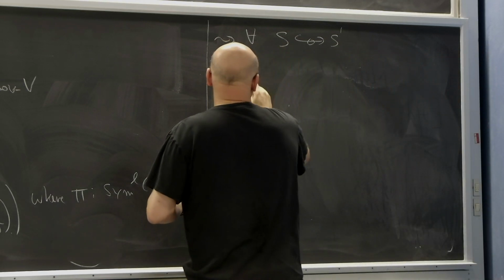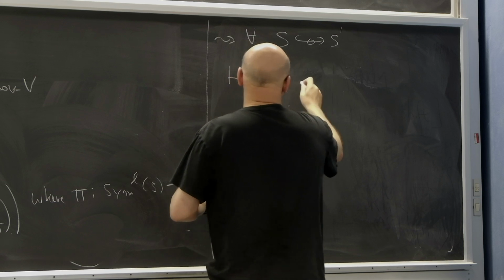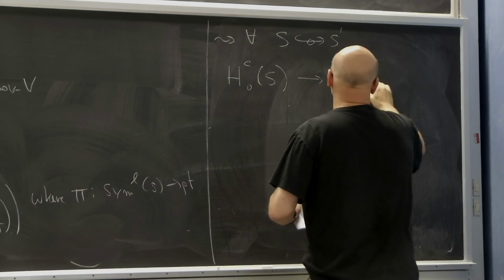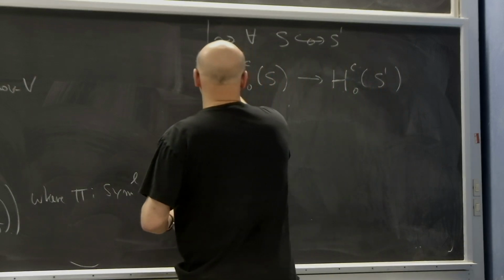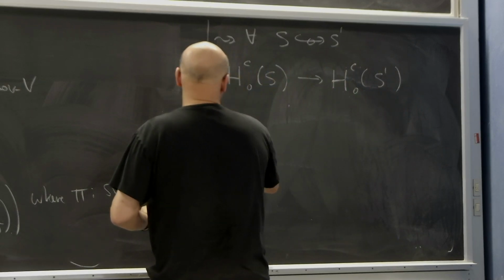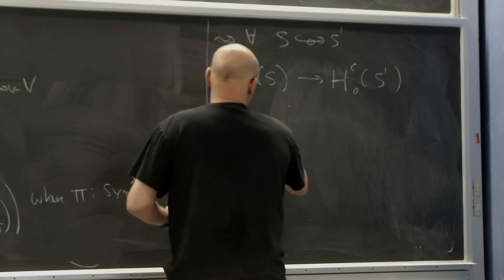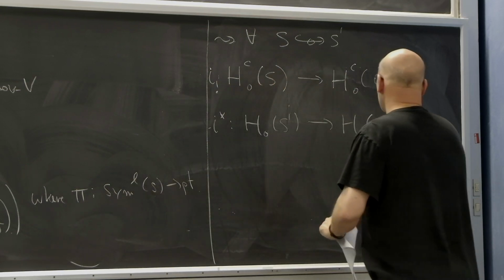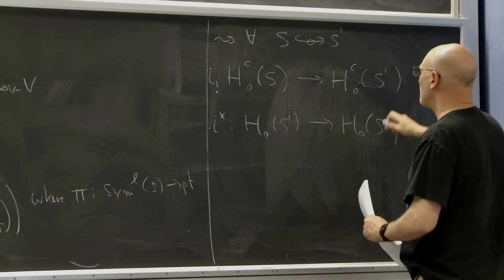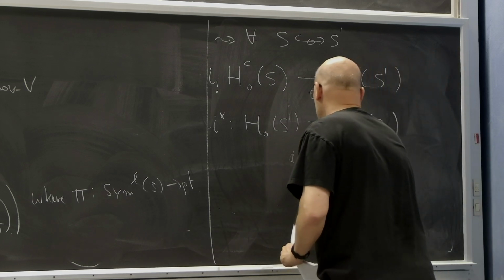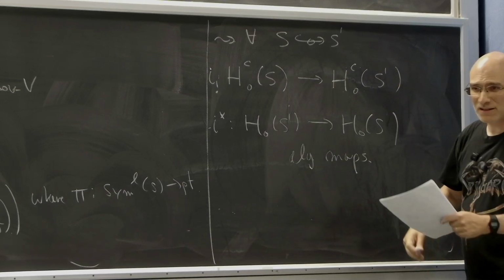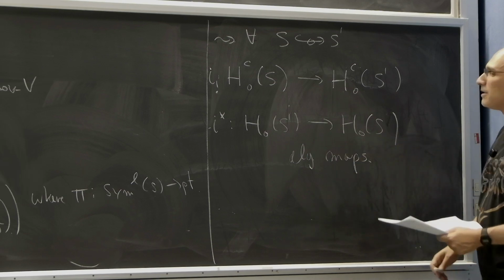So from the compactly supported algebra maps into this one, and then a restriction map. So this is like this. These are algebra maps. So there is some kind of nice functoriality that you can do with these algebras.